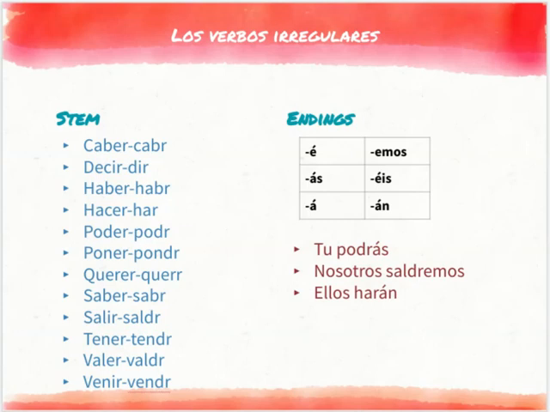Now there's a couple like decir and poner where we've removed more letters or we've added an extra letter. So if you just keep these in mind, these are the ones that are going to be irregular, but they have the same set of endings. É with an accent, ás, á, both with accents, the same as the regular verbs do. So it's just about memorizing the different stems for these verbs.